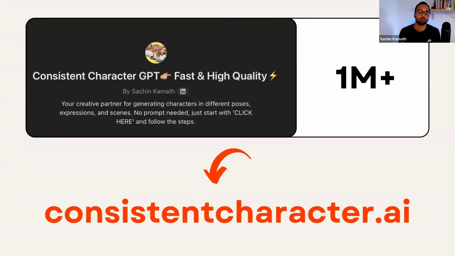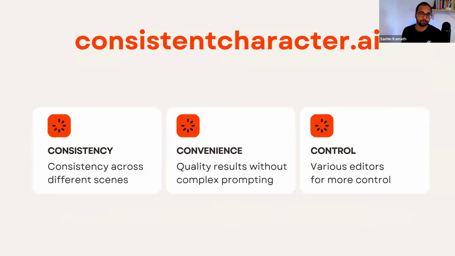Their feedback showed us what truly mattered, and that led us to build ConsistentCharacter.ai as a standalone application. What makes it different? First, this solution offers maximum consistency with best state-of-the-art AI models fine-tuned for cartoon generation. Your character's face and clothing will look similar across multiple scenes. Secondly, it's convenient. You don't need to spend hours writing complex prompts. The tool simplifies the process for you. And finally, you are in control.